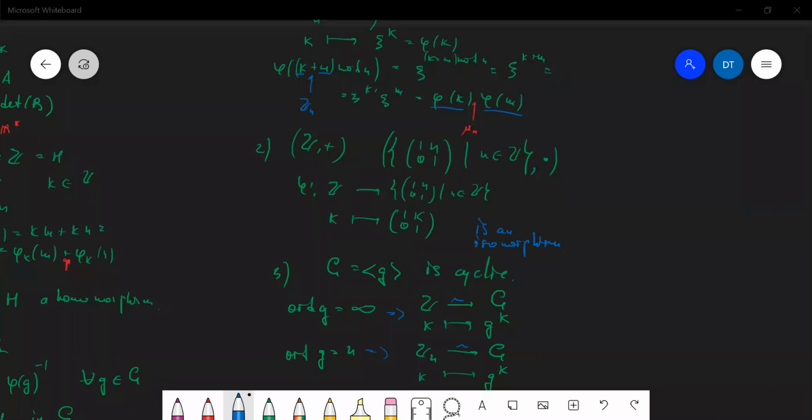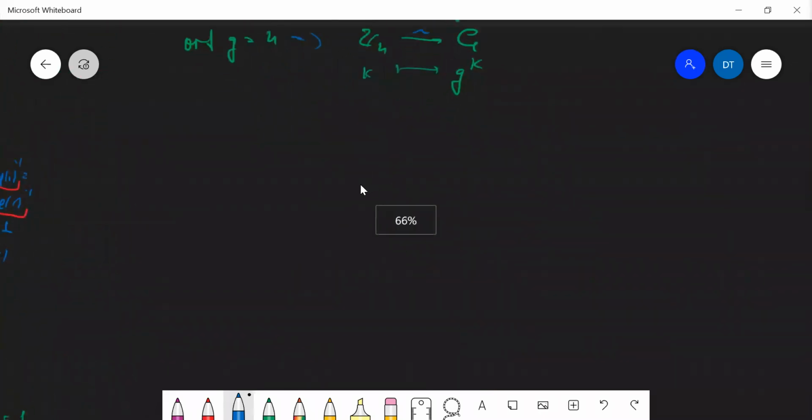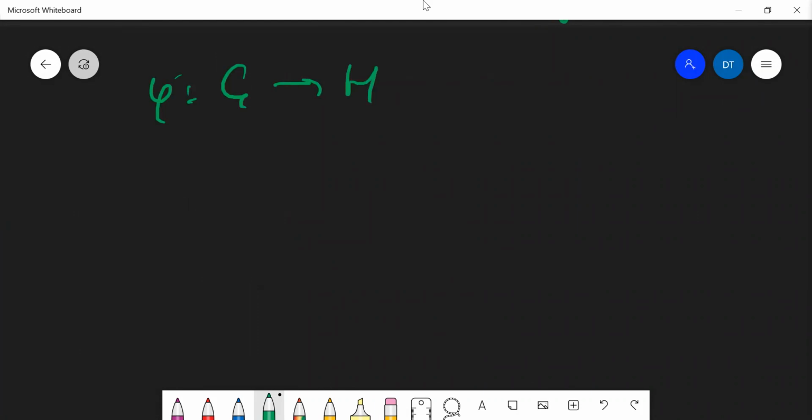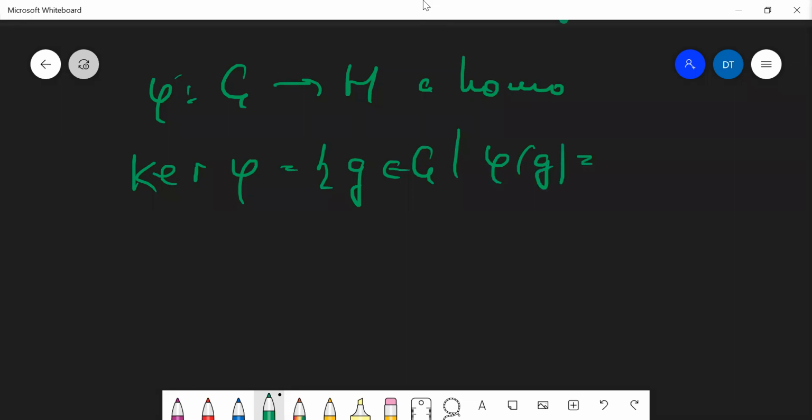Well, so now I want to discuss some properties of a homomorphism. So if we are given a homomorphism from a group G to a group H, then we may define two subgroups. Well, first of all, two subsets. The kernel of phi is the set of elements g small from G capital such that phi of g small is equal to 1.